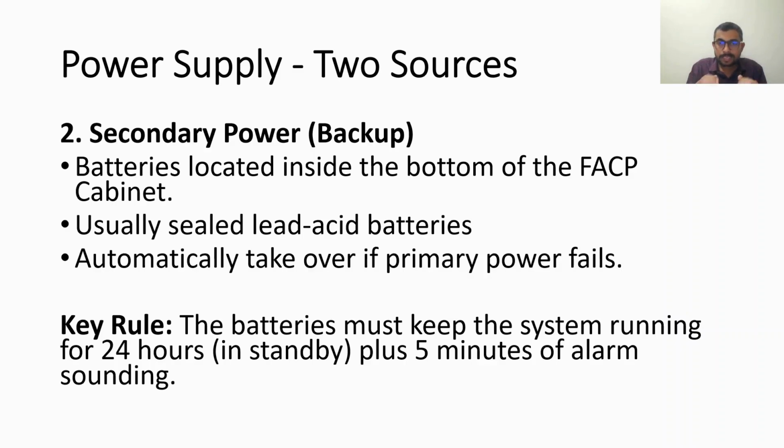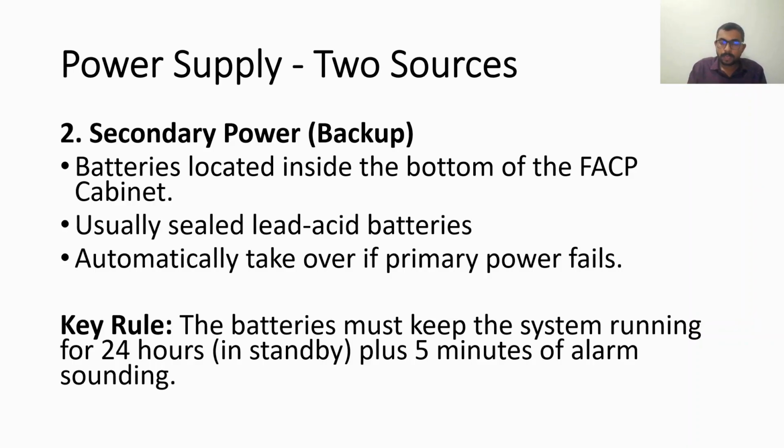In case the size exceeds the size prescribed in the manufacturer data sheet, we need to provide a separate battery cabinet to accommodate the larger batteries. That will be located underneath the fire alarm control panel. Okay, that was just for information.